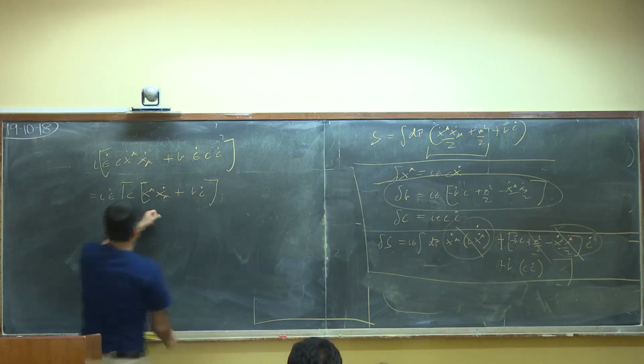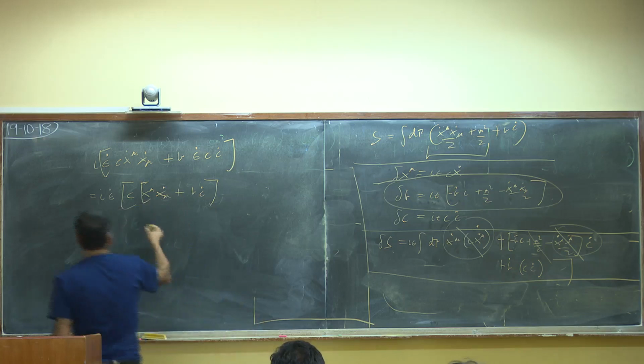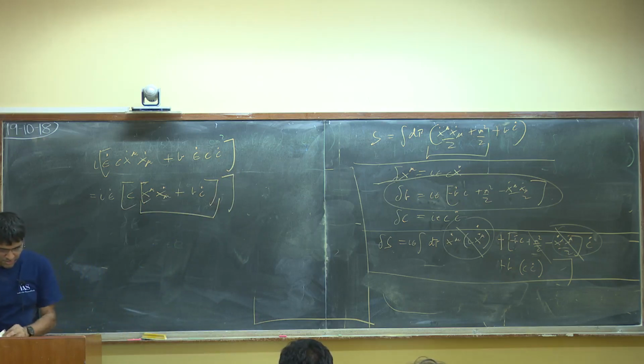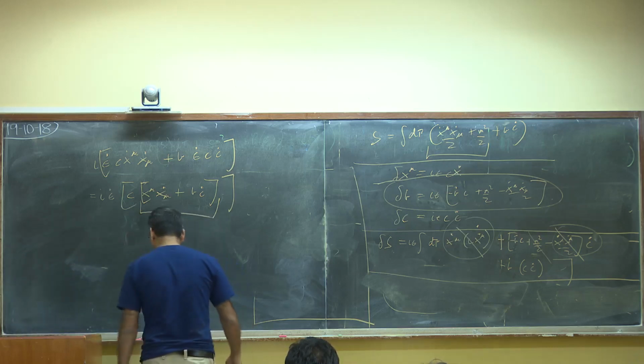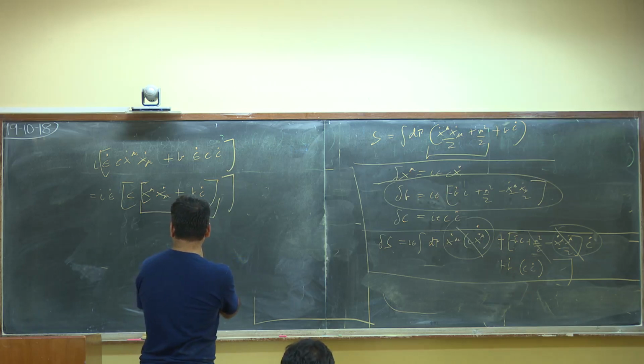Okay. So now this whole quantity here we'll call H. When you are taking epsilon dot common through B, are you not taking C through B?